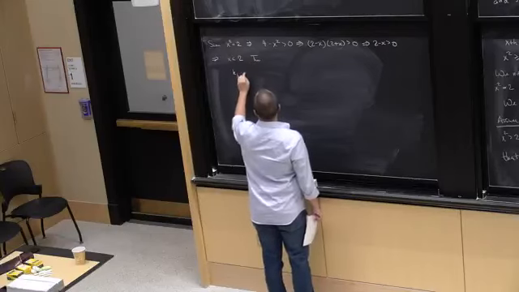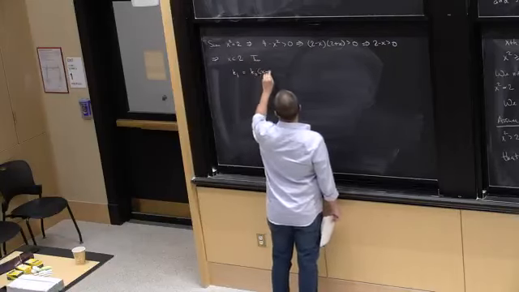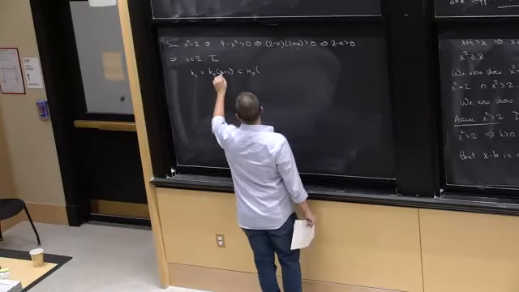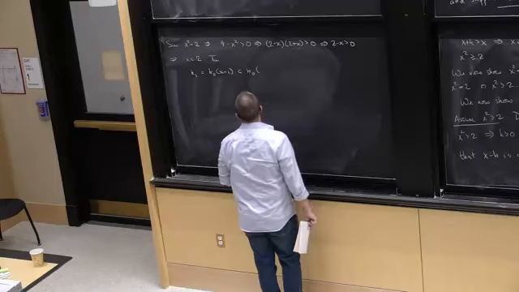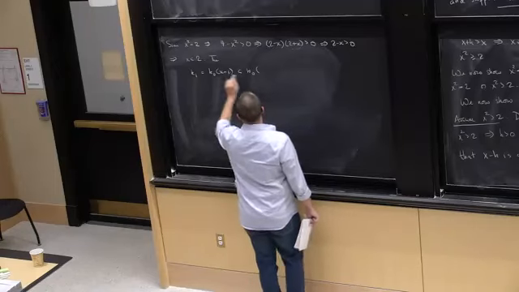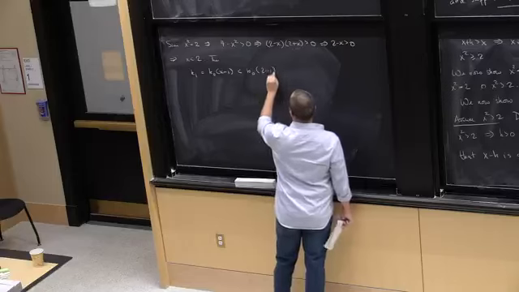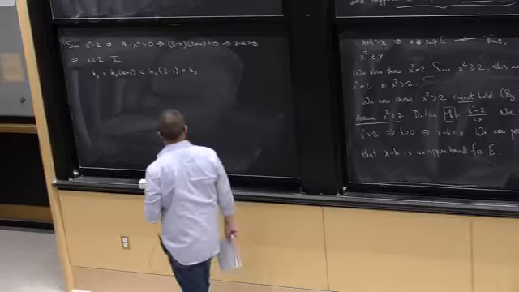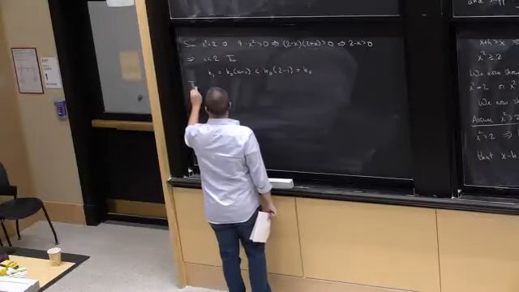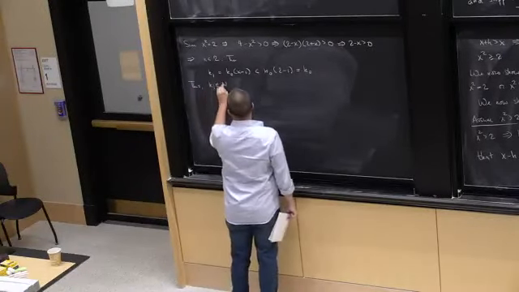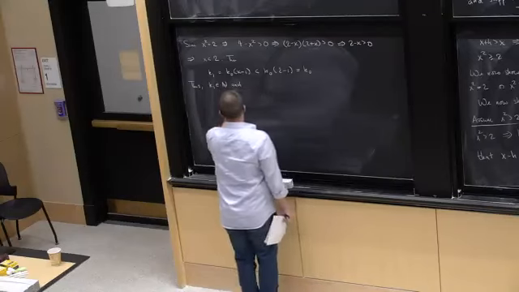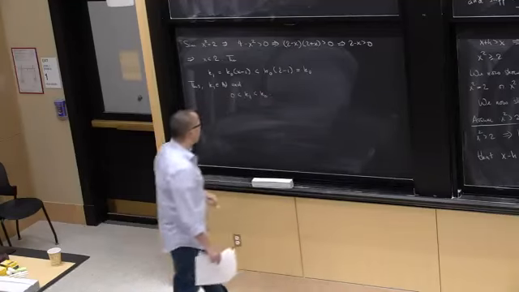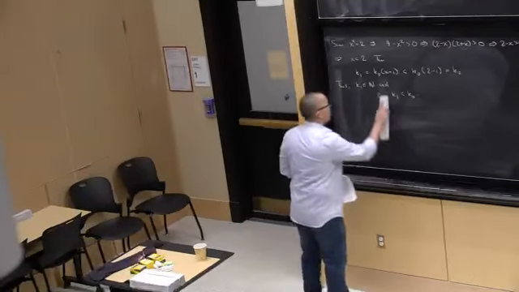Then K1, which remember is K0 times x minus 1, is less than K0. So K0 is a natural number. It's positive. x minus 1 is bounded by 2 minus 1. So what we've shown so far is that this number, K1, is a natural number, and it's less than K0.